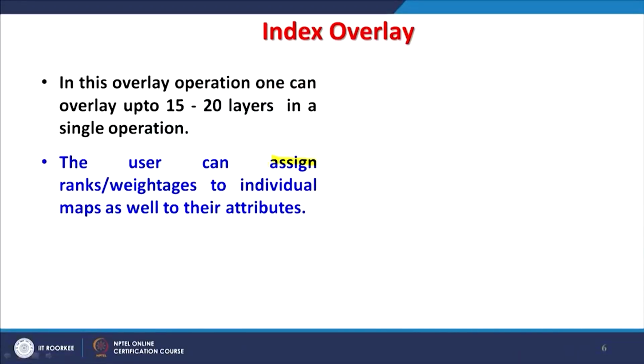The user can assign ranks or weightage, whatever we want, to individual maps as well as to their attributes. When we assign weightage to individual map attributes in this index analysis, the output maps can be used for various purposes, maybe for groundwater exploration, maybe for disaster-related things like landslide hazard zonation, or maybe for erosional studies.